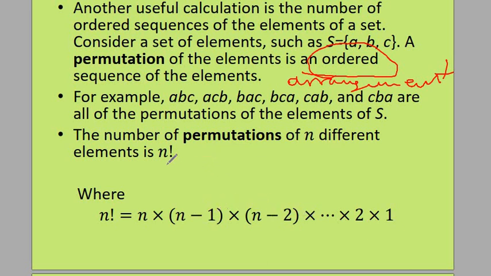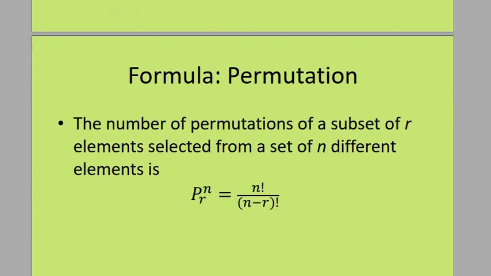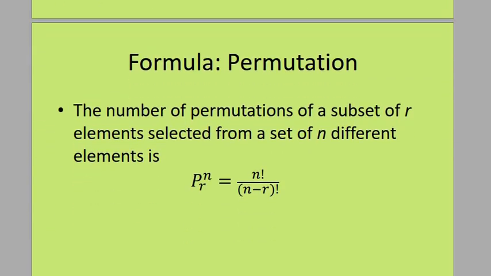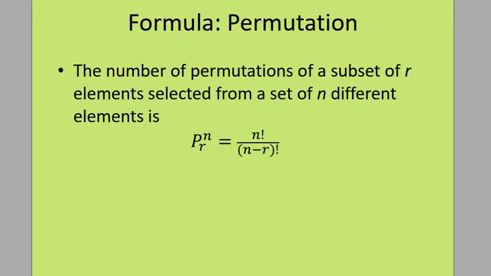So what would be 4 factorial? What is 4 factorial? 4 times 3 times 2 times 1. So that's 4 factorial. This is the formula for computing permutations.